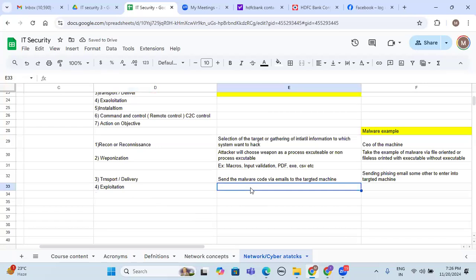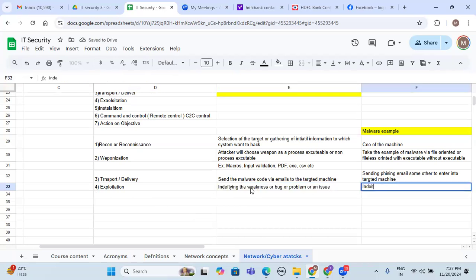Identify in the CEO machine whether there is any EDR or antivirus agent sleeping. That is called exploitation: identify the weakness.